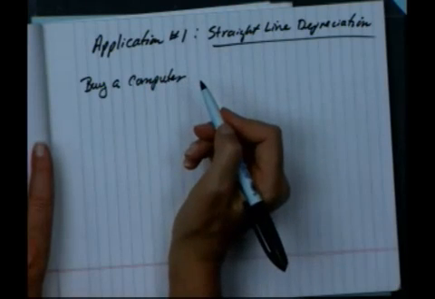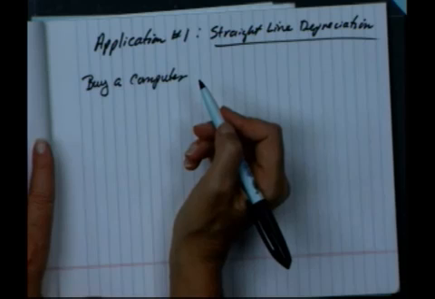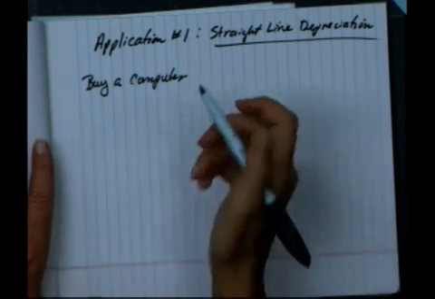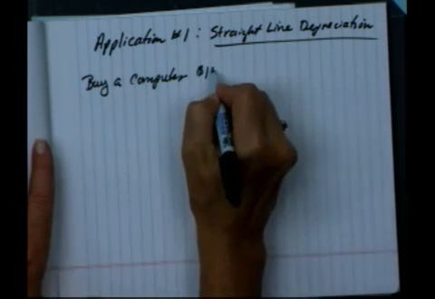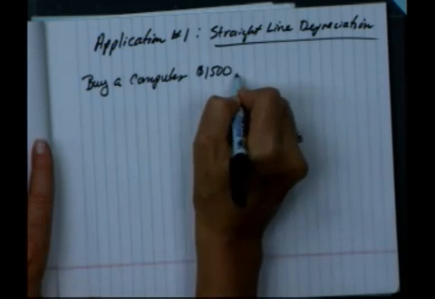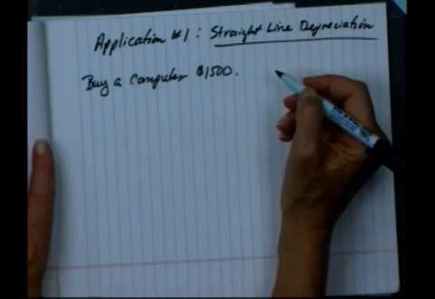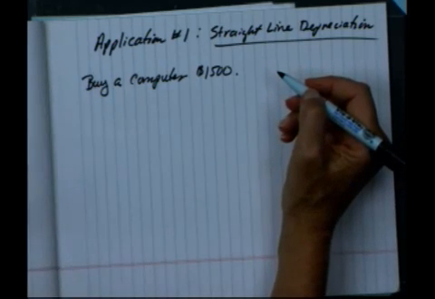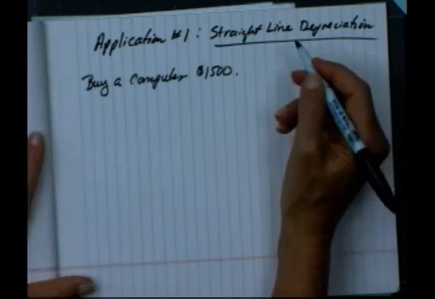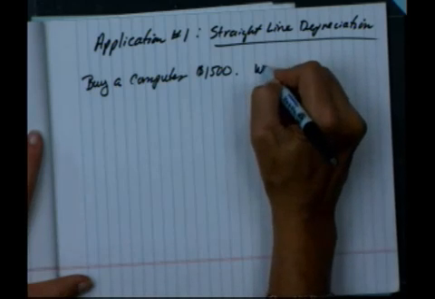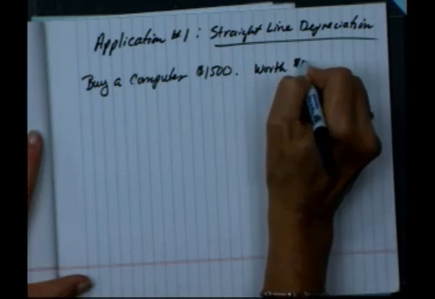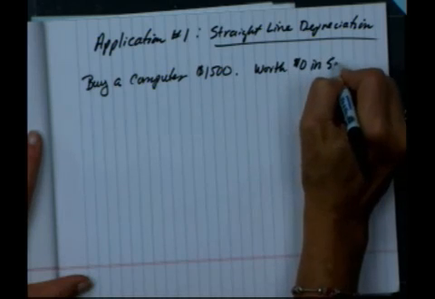Now, you don't get to write it off for personal use. It's only if it's business use. Buy a computer that costs $1,500. And I believe that the Internal Revenue Service allows that to be a 5-year depreciation. So we're going to say it's going to be worth $0 in 5 years.